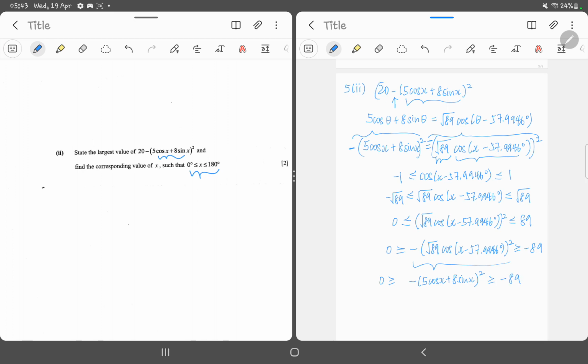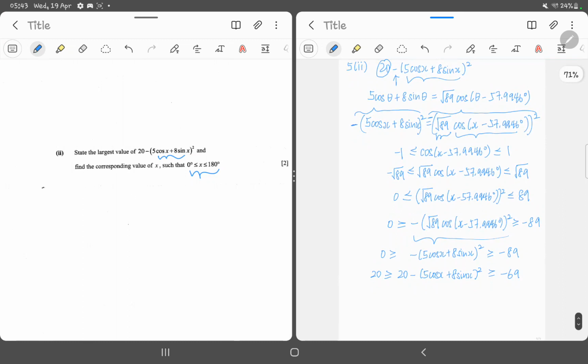Now I'm going to add the 20 to the inequalities over here. So 0 plus 20 is 20, and this will be 20 minus bracket 5 cosine x plus 8 sine x bracket square, and adding 20 over here gives me minus 69.